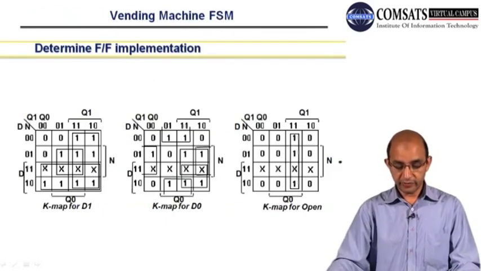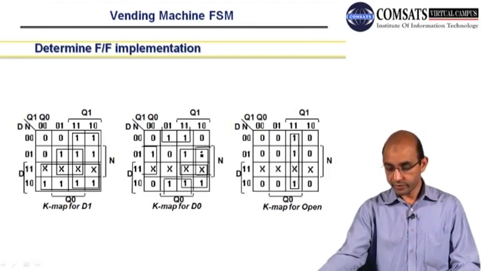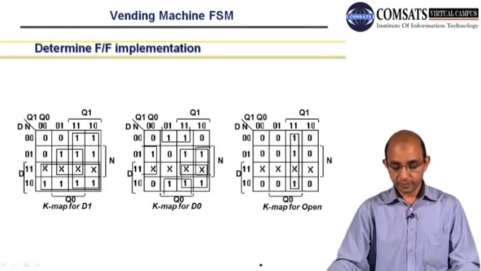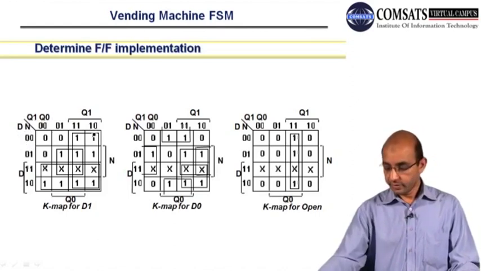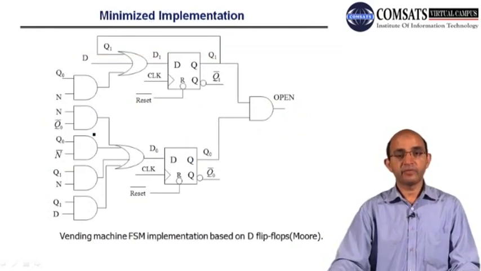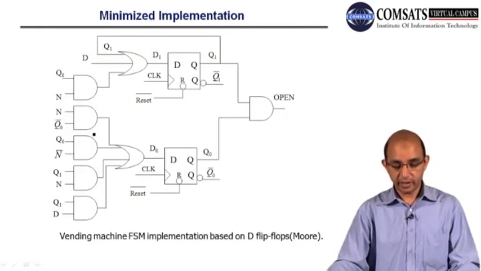After that I have to simplify for the output. Here we have the inputs Q1, Q0 and D and N. After simplification, we will have the simplified Boolean expressions.